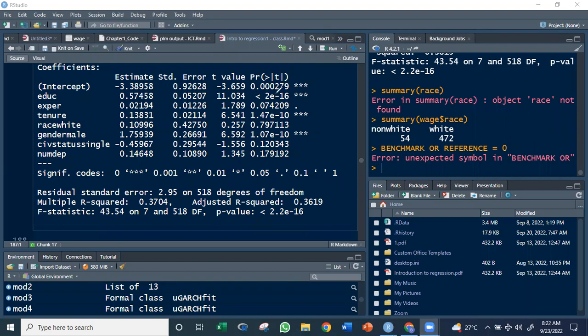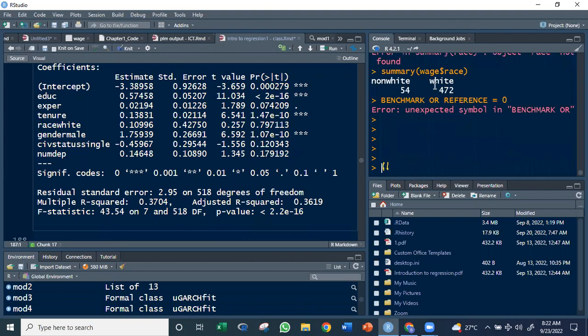So ano yung null hypothesis natin dito? Our null hypothesis is that H null is beta null is equal to beta 1 is equal to beta 2 is equal to hanggang is equal to beta 7 is equal to 0, no?